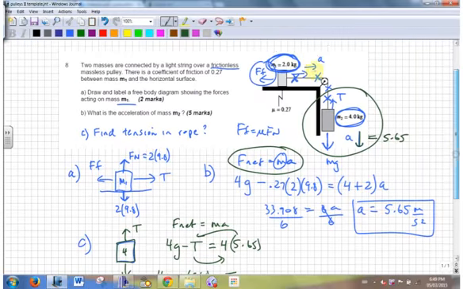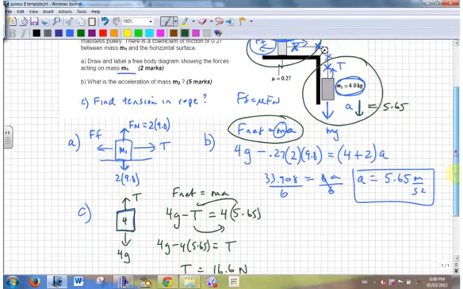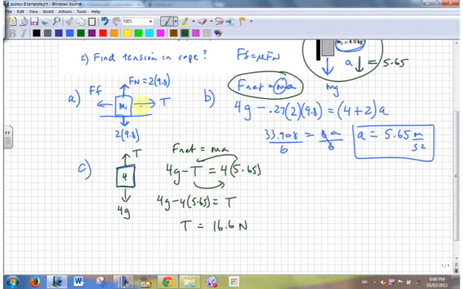Alternatively, I could look at this mass. I already have a free body diagram for this guy up here. Okay, so tension should be the same, shouldn't it? This is mu Fn, otherwise known as 0.27 times, because that's a 2 kilogram mass, 0.27 times 2 times 9.8.